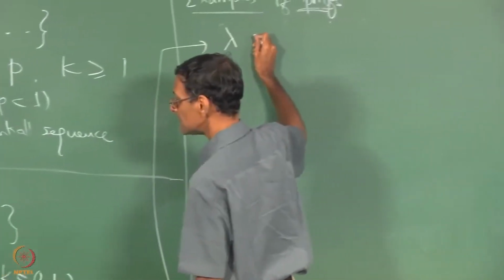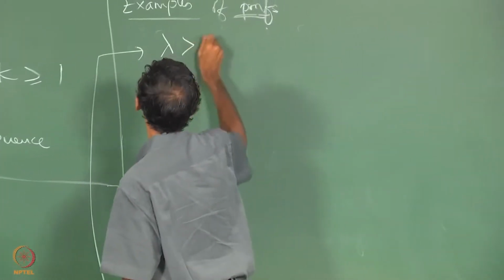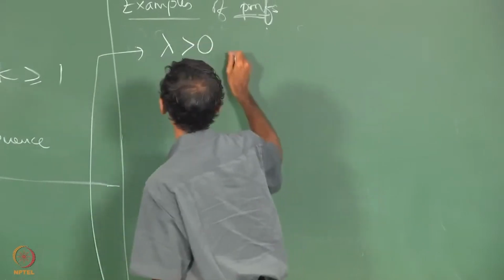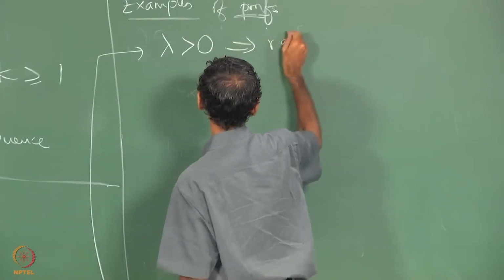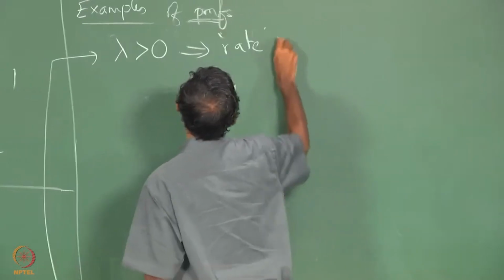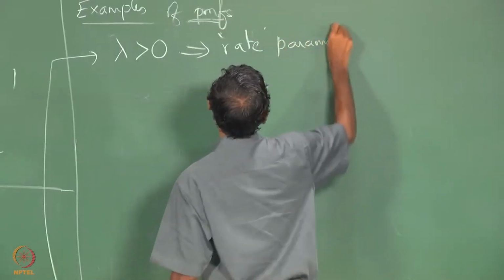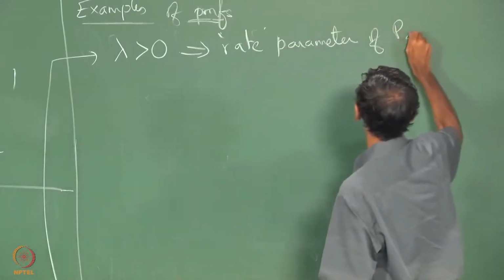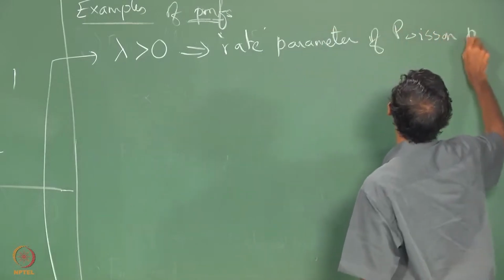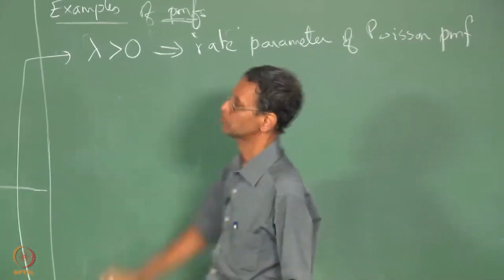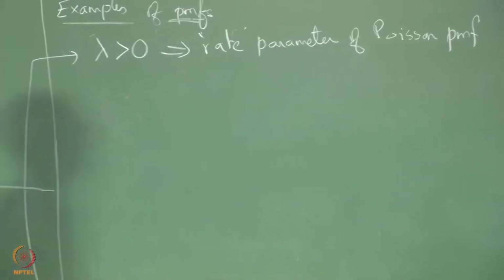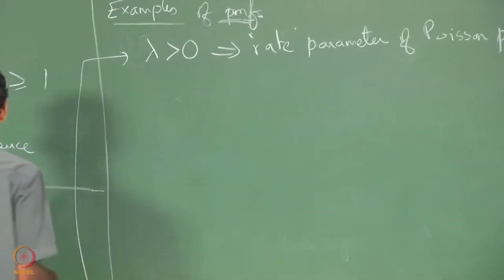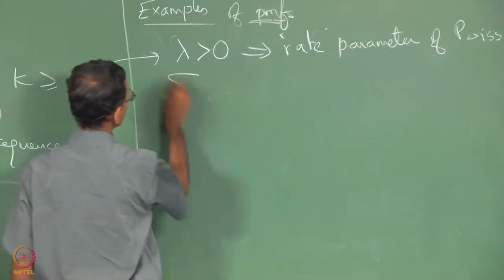Lambda is strictly greater than 0, the so-called rate parameter of the Poisson PMF. But how do we ensure that this is going to happen?